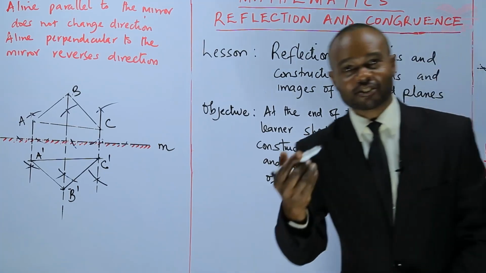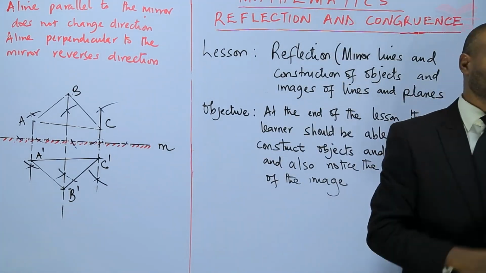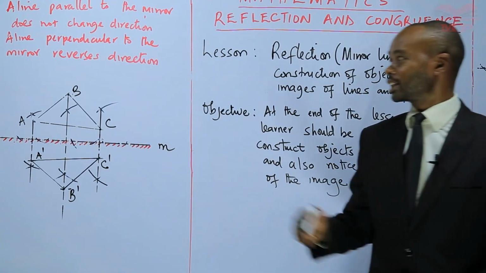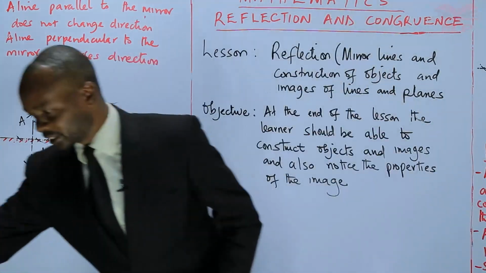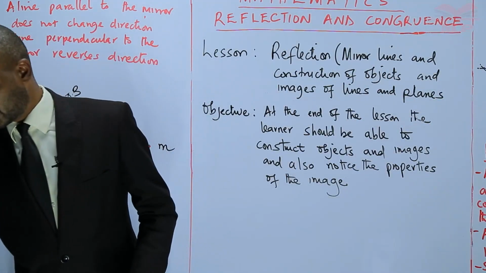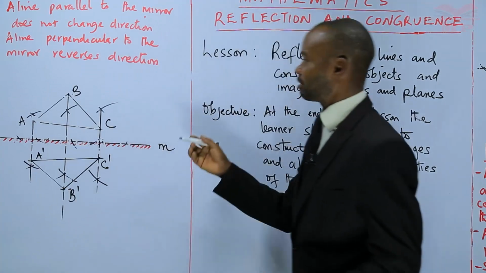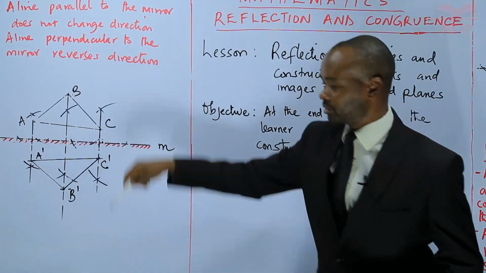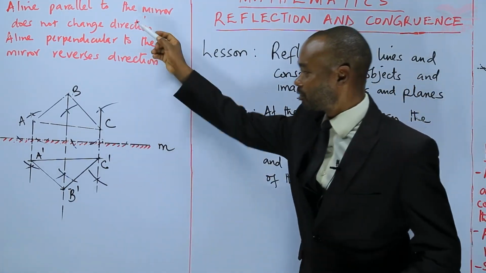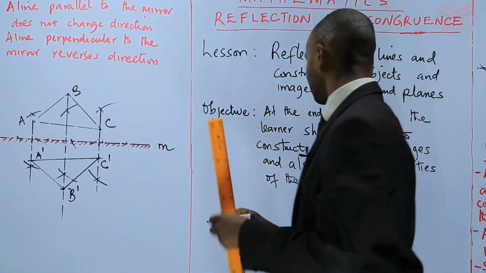But as we sum up, we've actually got the meaning of reflection. Reflection is a flip. Reflection is a transformation representing a flip of the image. I've just flipped. So from there, the properties have not changed.